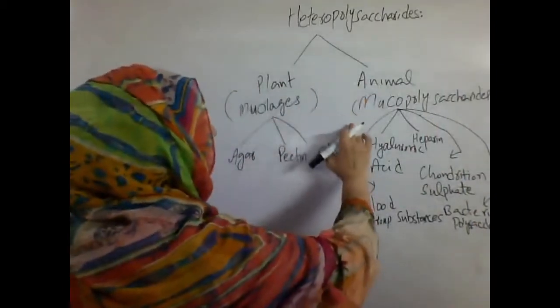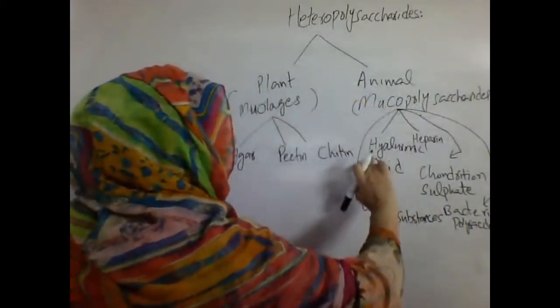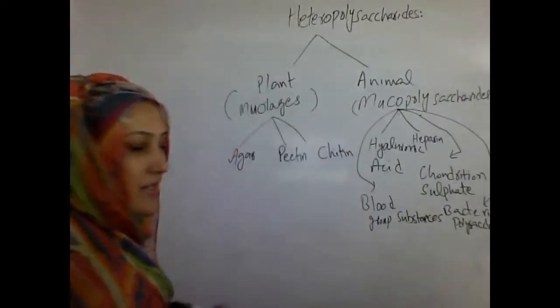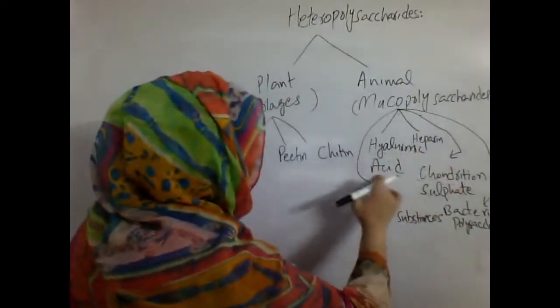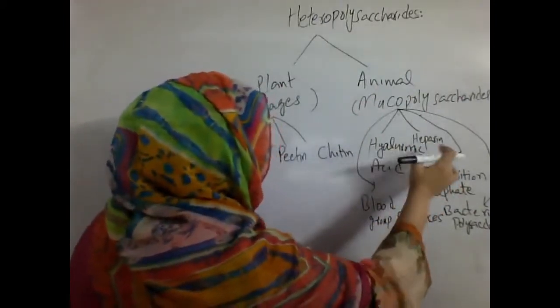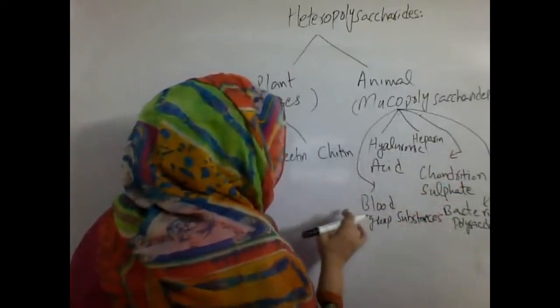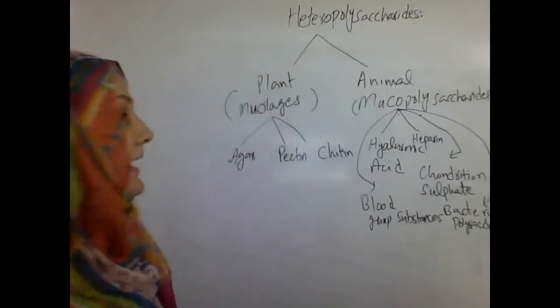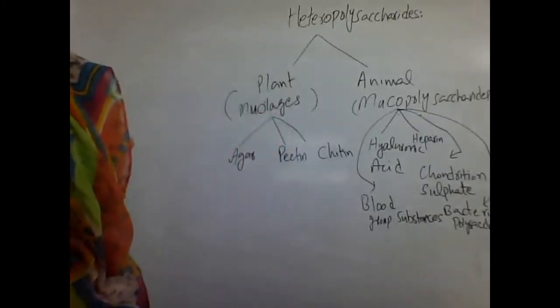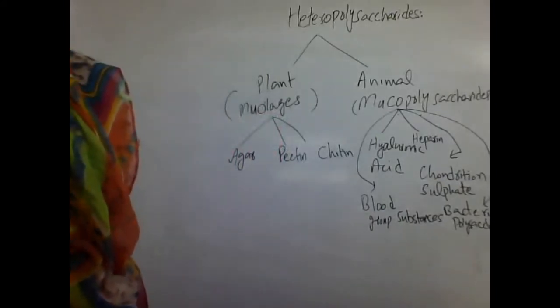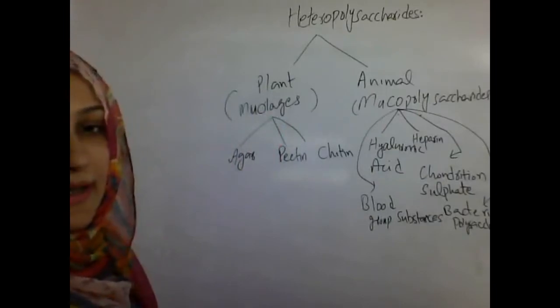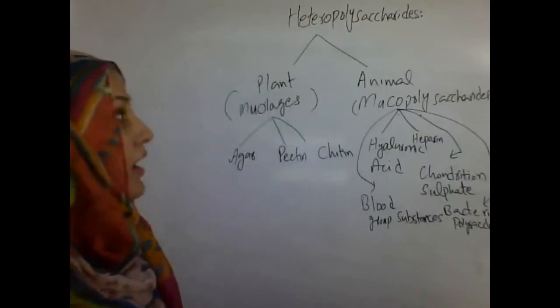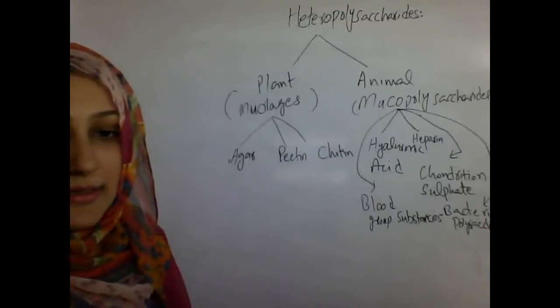From the animal origin, the mucopolysaccharides are subclassified into these different forms. In case of plants, they are called mucilages, and their different types are agar, pectin, and chitin. Now we will discuss them one by one.